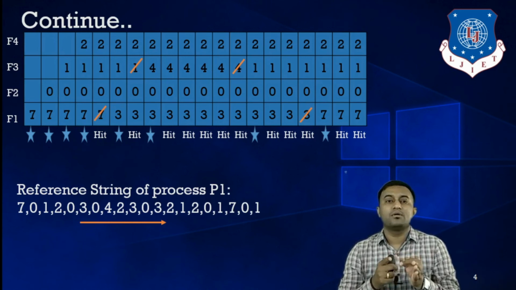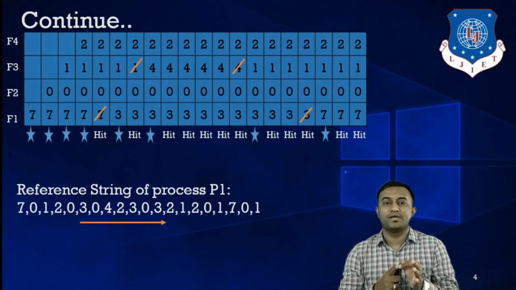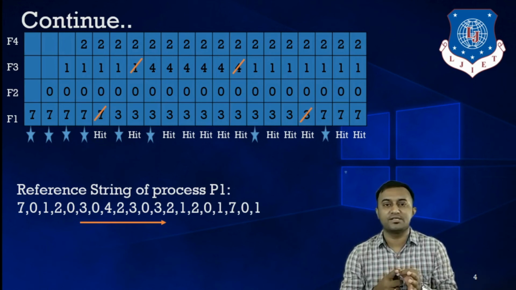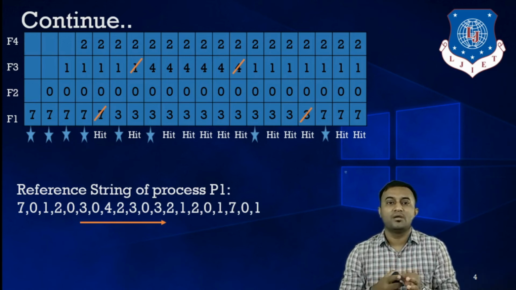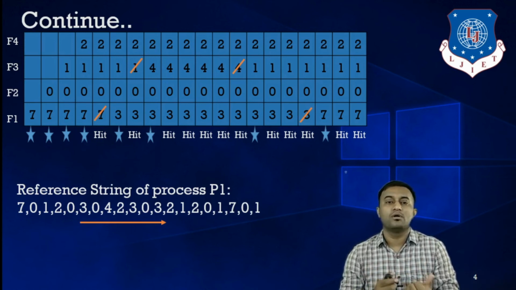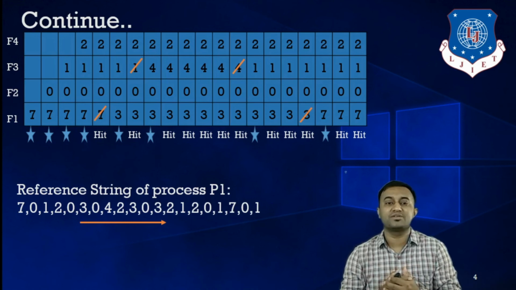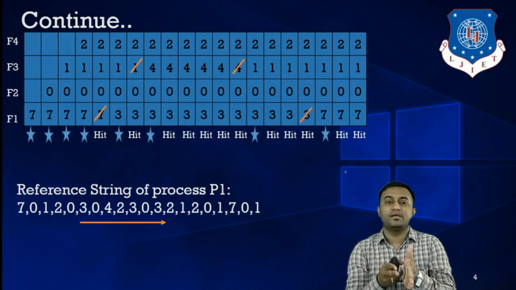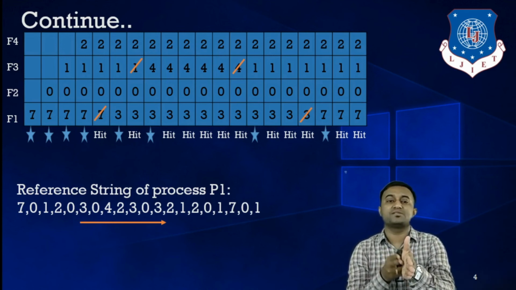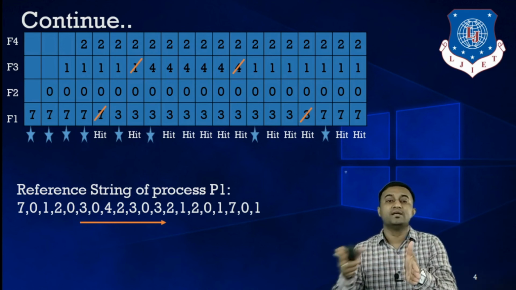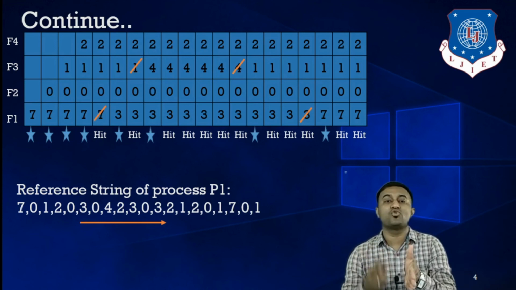Page number 2 is nearer to page number 1, yes. Then what are the other choices we have? Page number 0, it is near to this page number 1. Page number 3 and page number 4 are not located in the right direction from page number 1. If you start the journey from page number 1 towards the right hand side, there is no page number 3 and there is no page number 4.